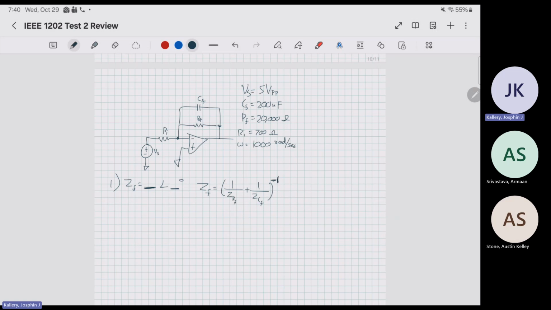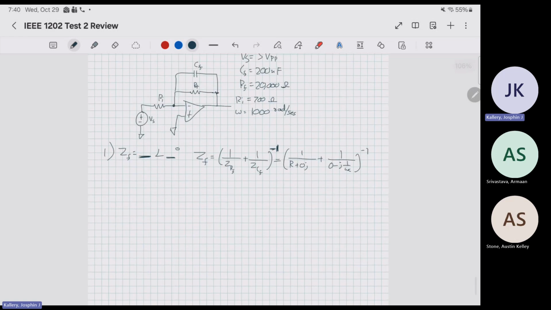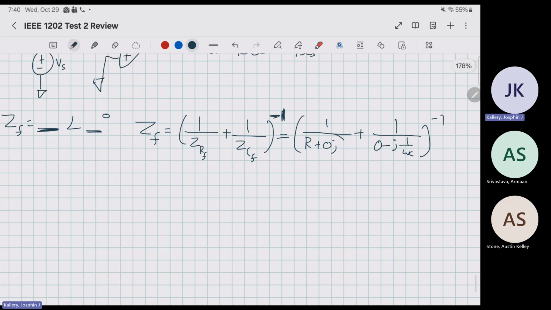This is just the parallel impedance equation. But obviously we need to write out the variables, so I'll do that. The impedance of our resistor is R plus 0j. The impedance of our capacitor is 0 minus j times 1 over omega C. It's all to the negative 1. Okay, so we need to flip this.